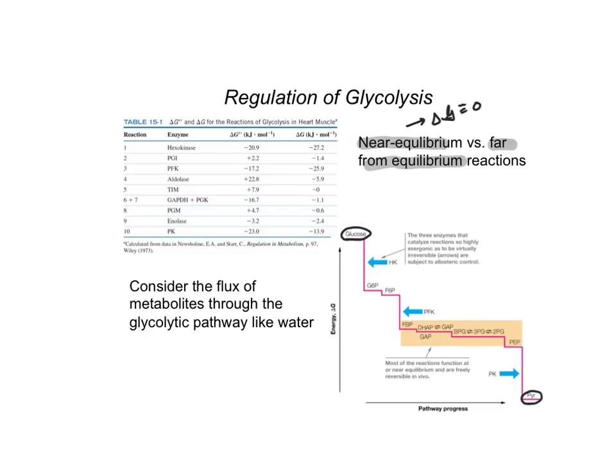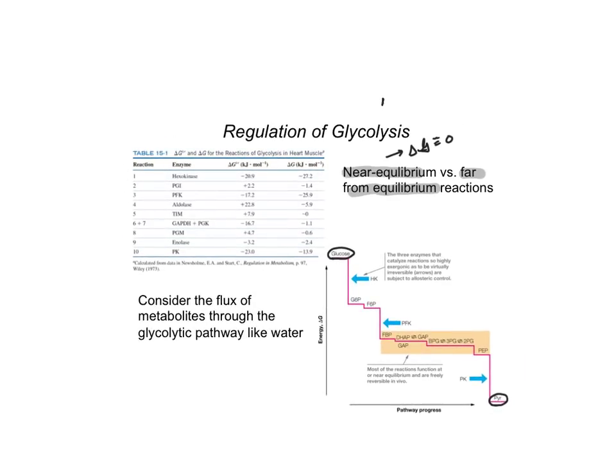If we're at equilibrium, what is delta G? 0. So at equilibrium, delta G is 0. So for the majority of these reactions, these are going to be near equilibrium reactions. They're not going to be quite at 0, but they're going to be very, very close. The important point behind that, with respect to these near equilibrium reactions, is that they are going to be reversible.